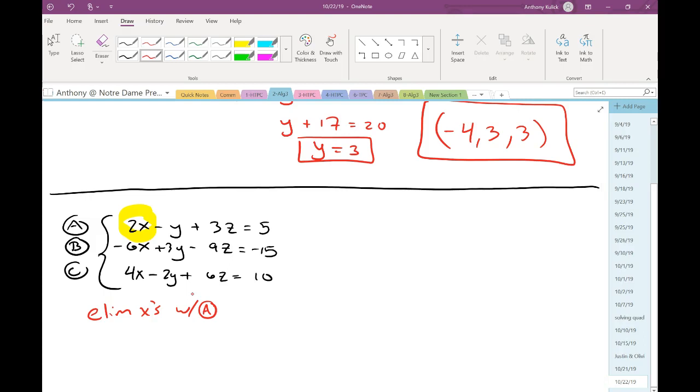Okay. So, as Elena said, I can multiply equation A by 3 and then add it to equation B. That eliminates the x's. And then what do I need to multiply equation A by when I add it to equation C? What number? -2.